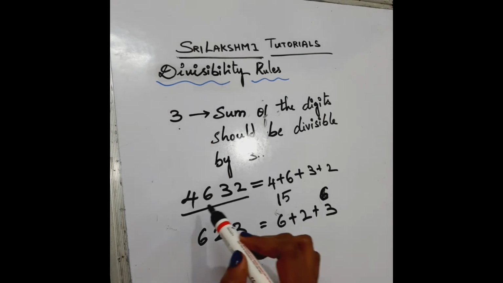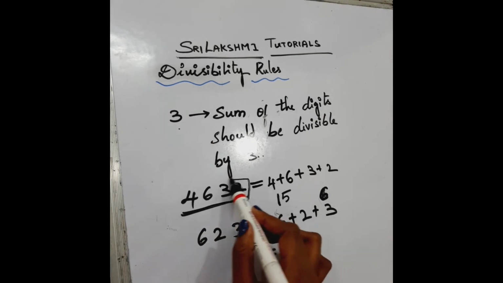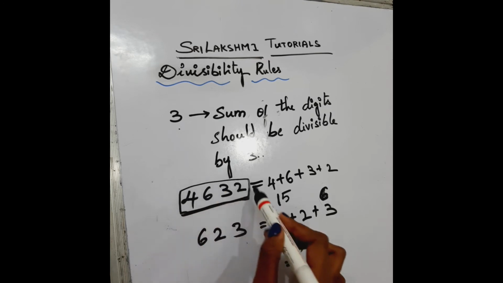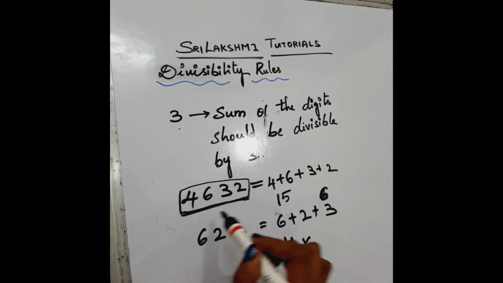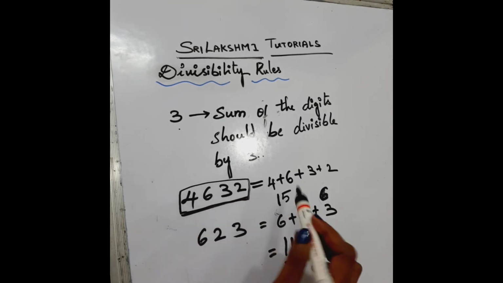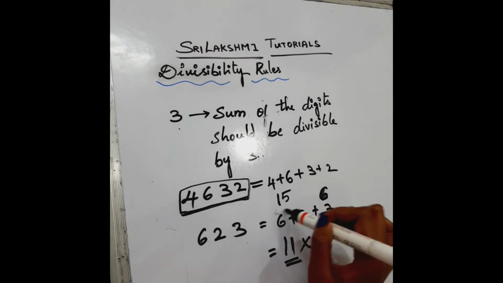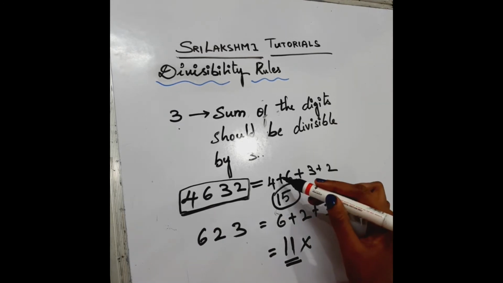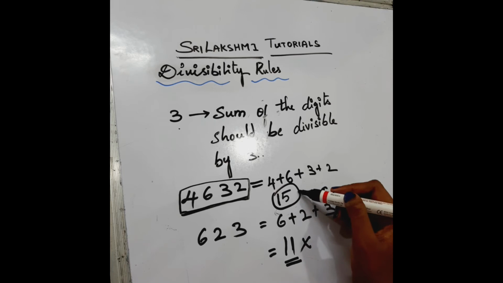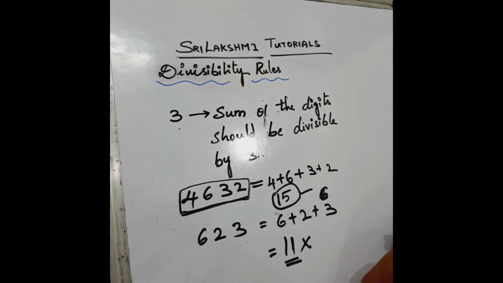So if we add all the digits of a given number, we get some answer, which is called the sum. That sum should be divisible by 3 without leaving any remainder. Then we can say the given number is divisible by 3.